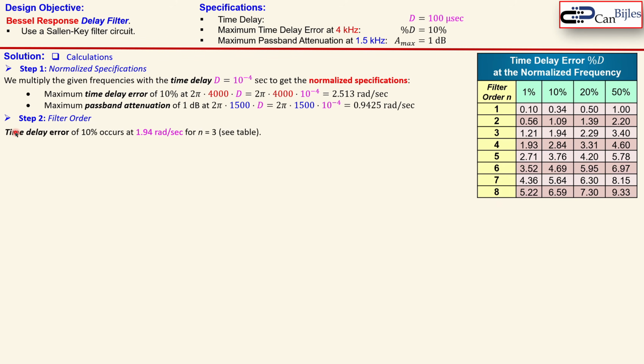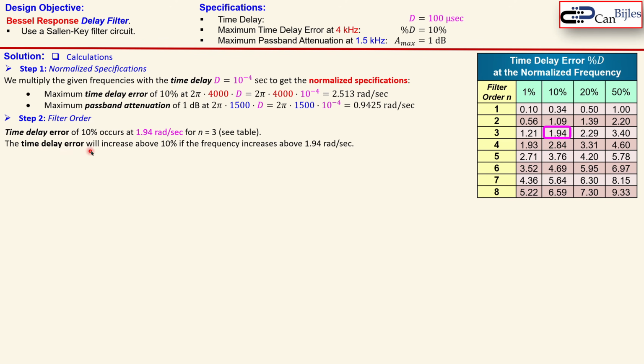Now we see here the time delay error for 10% again occurs at this 1.94 radians per second as the normalized frequency, which will give us then a third order filter. Let's see from the table. But is it sufficient?